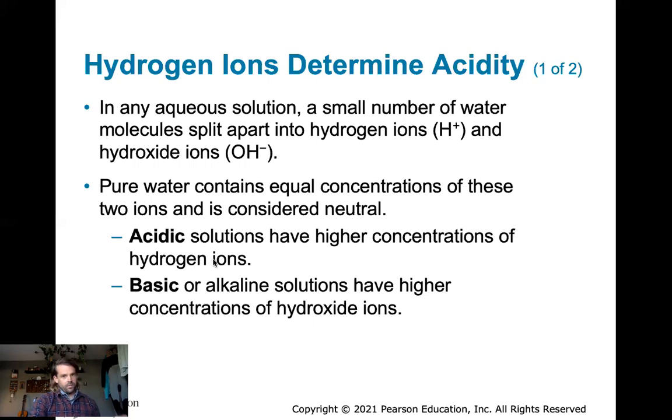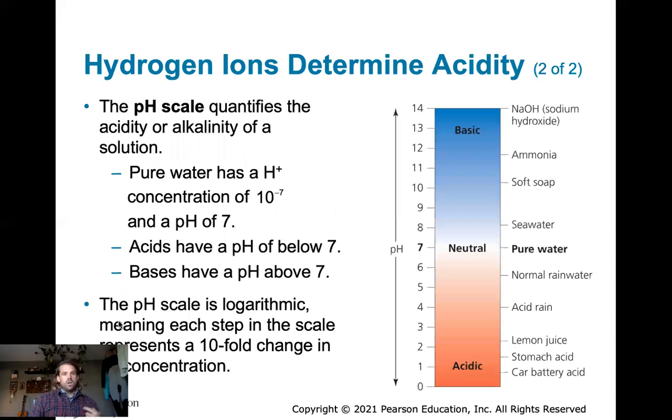Acidic solutions have higher concentrations of hydrogen ions, so these plus charges, whereas basic or alkaline solutions have higher concentrations of hydroxide ions. Okay, and so this scale here is called the pH scale, and it quantifies either the acidity or alkalinity of a solution.